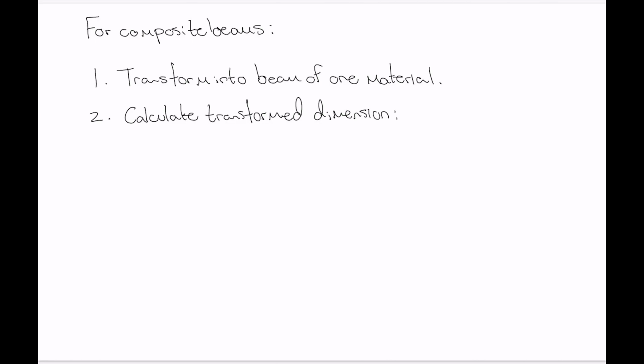So that's using our equation: the transformed width is the original width multiplied by the ratio of the moduli of elasticity, E naught over ET.